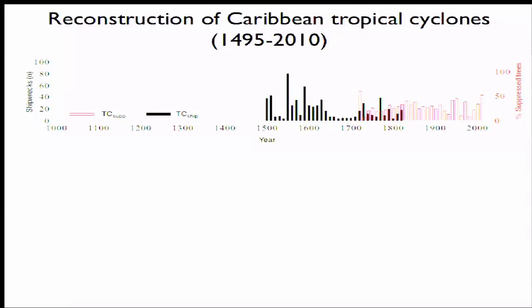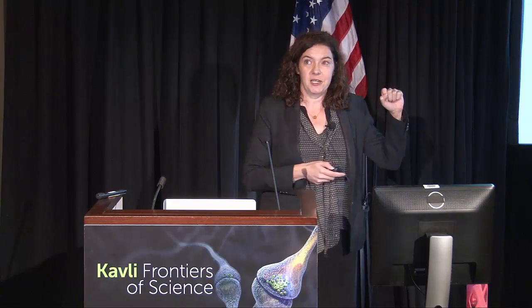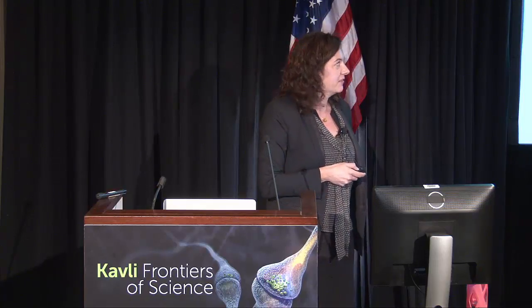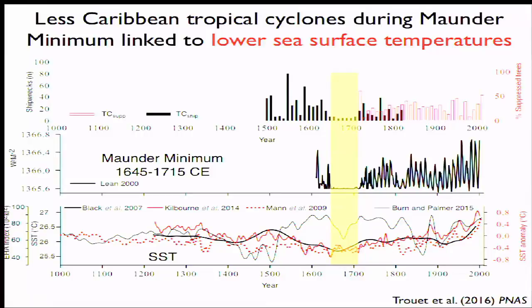And when we put that time series together, we noticed this 60-year period when there was remarkably actually a 75% reduction in the amount of ships that wrecked in the Caribbean. And if you pay attention to the timing of this 70-year reduction, it overlaps year to year with the Maunder Minimum.